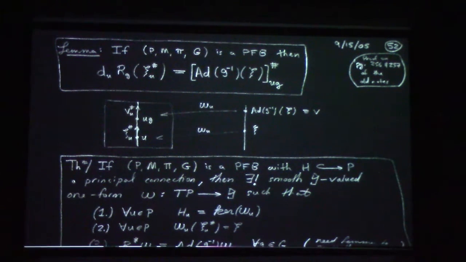What did we say? It was mapping from TP to the vertical space? What was it? I've already forgot. Oh, here it is. It's a mapping from TP to g. Omega sub u, though, is a mapping from, what's that? T sub u of P, right, to g.